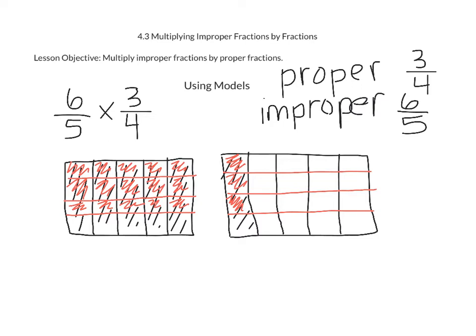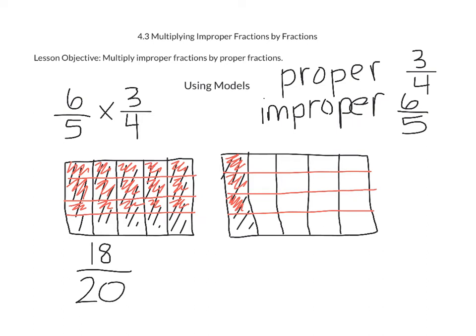There are 18 pieces of overlap, which becomes our numerator. And then if we look at 1 whole, so that's just one of our rectangles in our model, there are 20 pieces in 1 whole, and so 20 is our denominator.